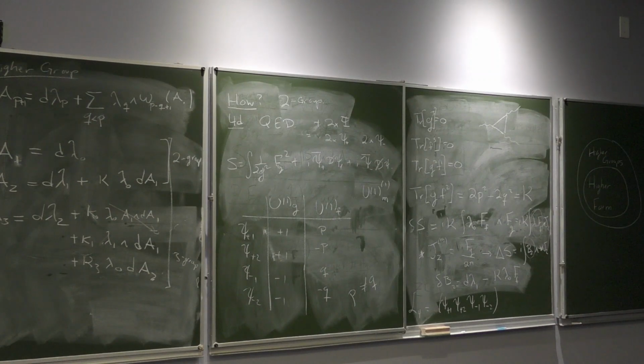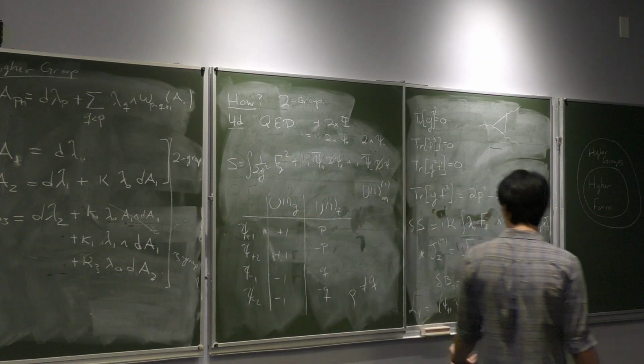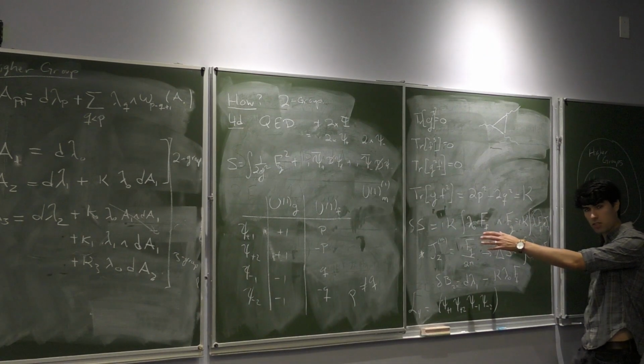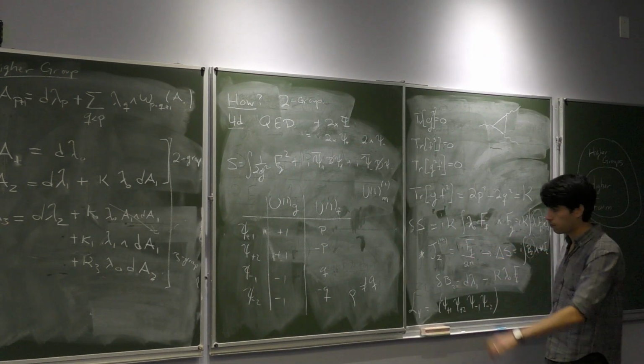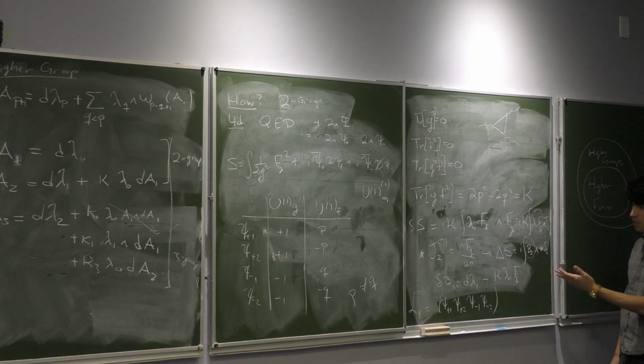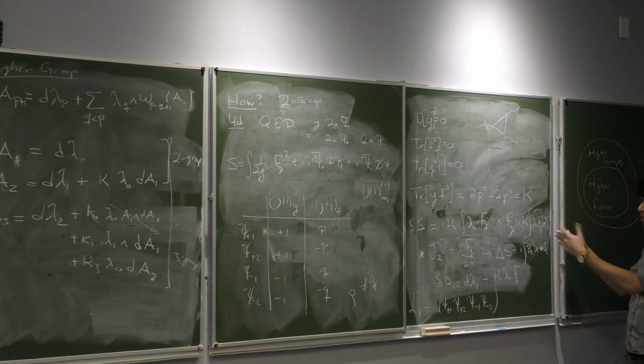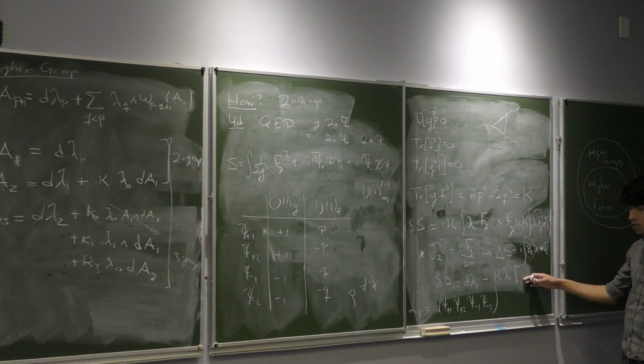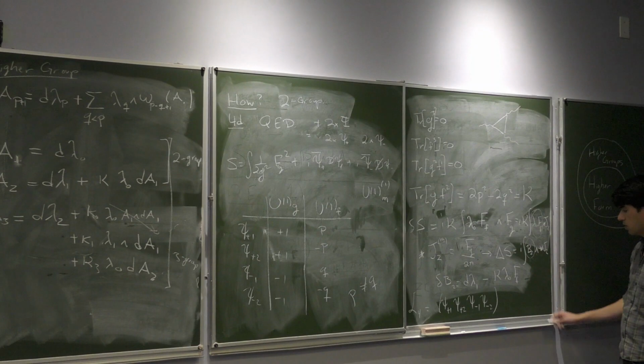That's right. So you would say, for example, that this anomaly prevents you from gauging this U1 symmetry. But what it says is actually you can gauge it if you in addition gauge the magnetic one-form symmetry with this weird gauge transformation parameter. This is also known as the Green-Schwarz mechanism from string theory.